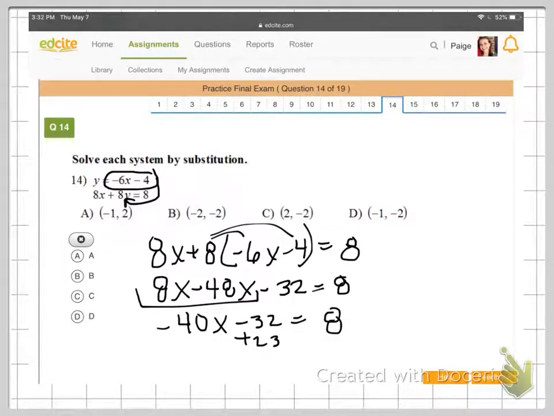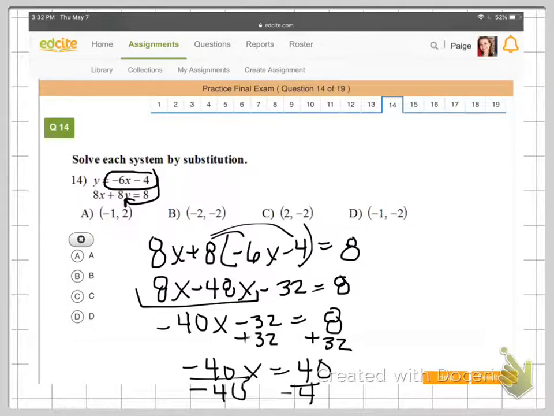Oops, I wrote 23. There we go. So plus 32 plus 32. So now I got negative 40x equals 40. Divide by negative 40, and x equals negative 1. Okay, so I've got my x value, so now we can jump back to our answers and see if we can do process of elimination here. So A's got an x of negative 1, B does not, C does not, but D does.